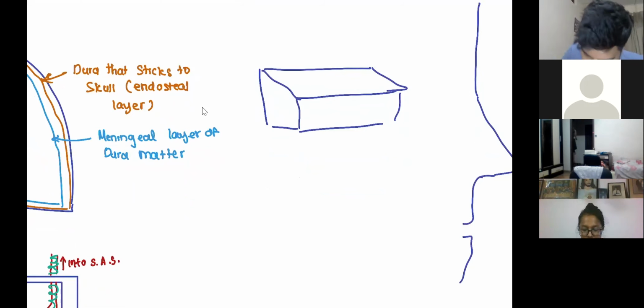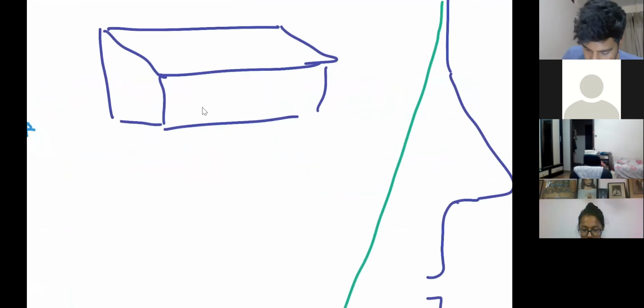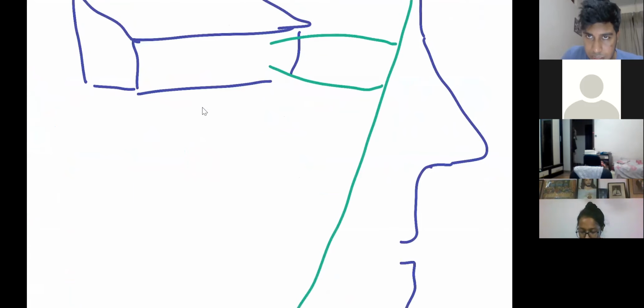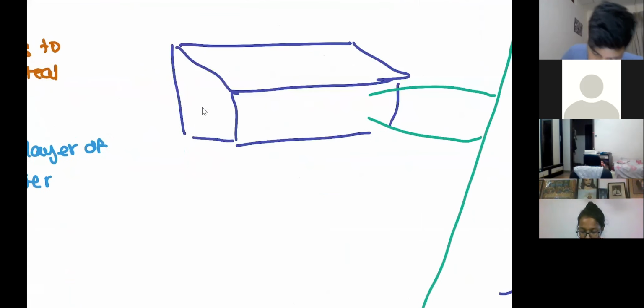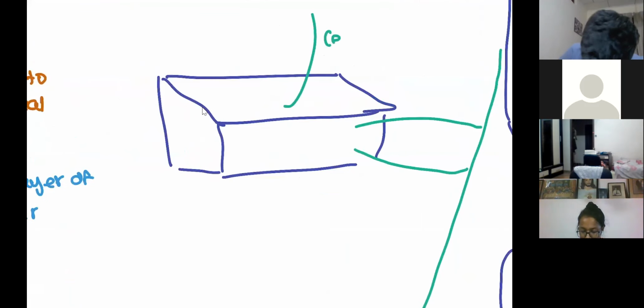The facial veins in the skin also drain here. There are two veins which drain here. Then the cerebrum drains here, facial veins.